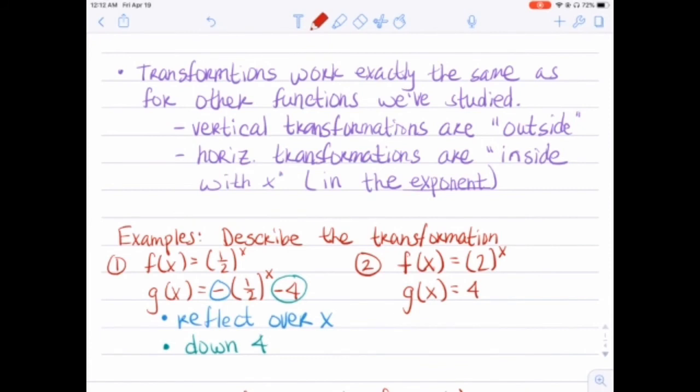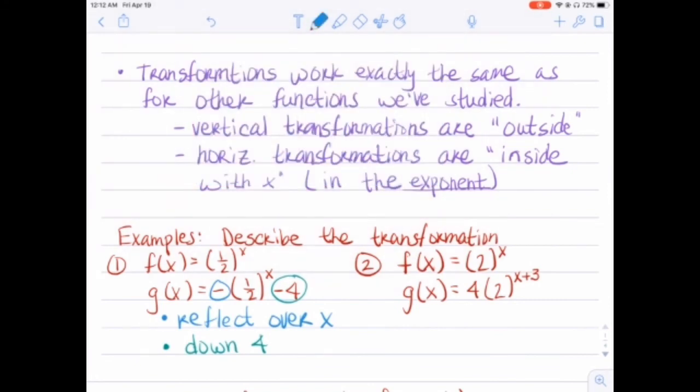That's our f of x. And our g of x is 4 times 2 raised to the x plus 3 power. Now again, remembering that inside with x means in the exponent. Go ahead and pause the video and see if you can identify these transformations.